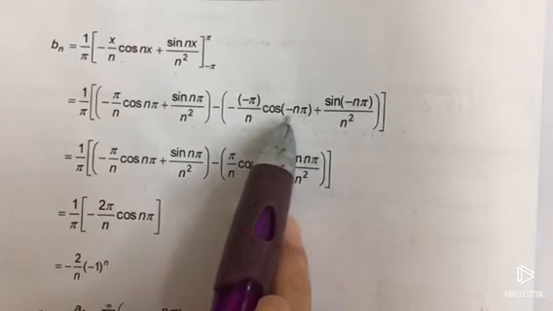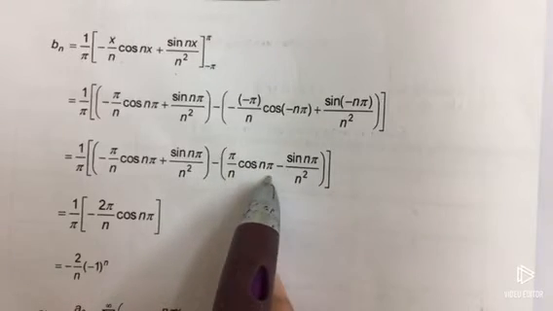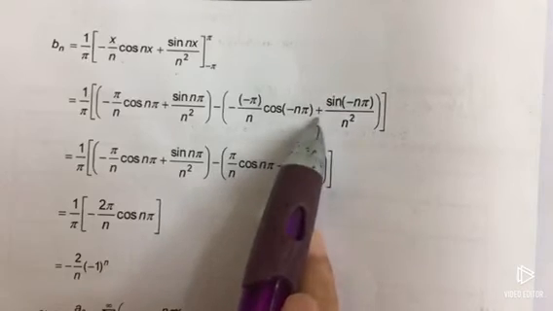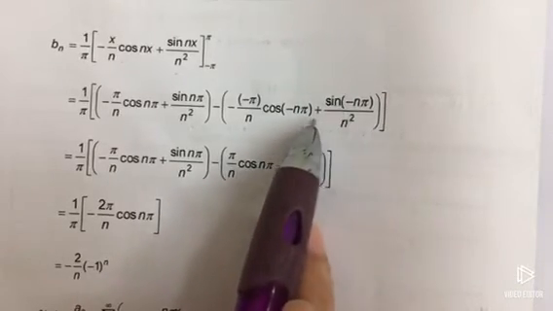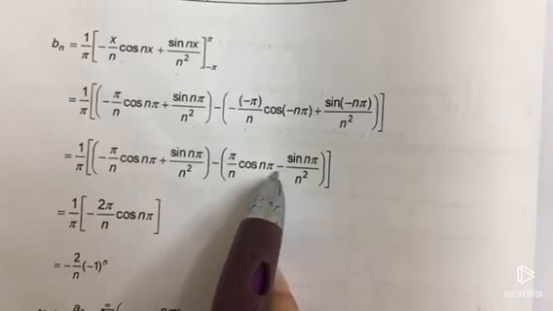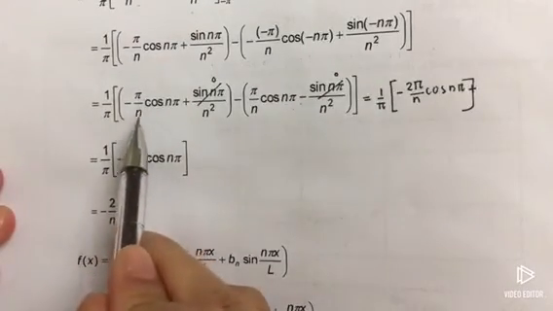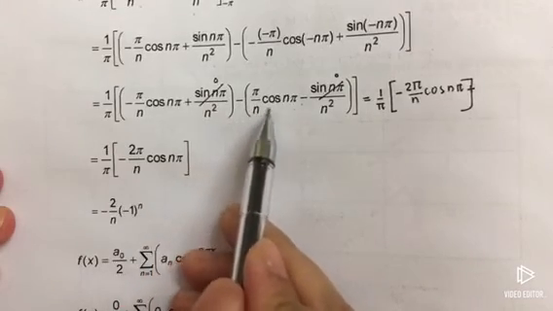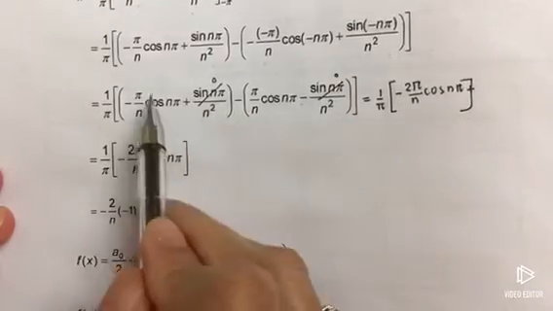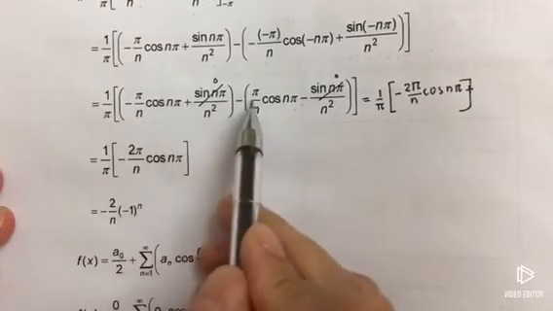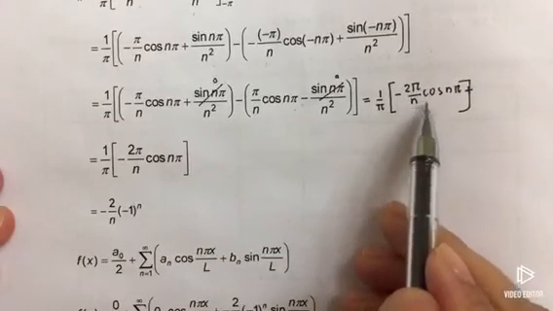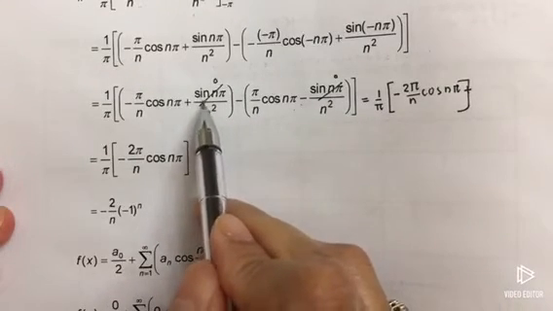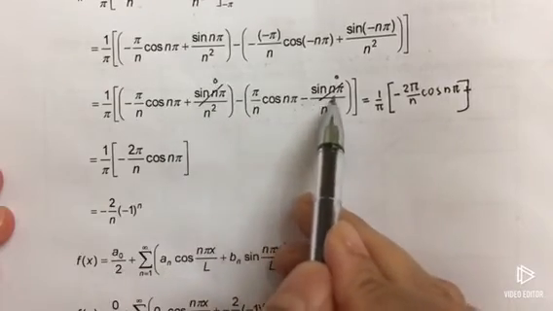Cos negative n pi equal to positive cos n pi, and sin negative n pi equal to negative sin n pi. Negative pi over n cos n pi minus pi over n cos n pi equal to negative 2 pi over n cos n pi. Sin n pi over n squared equal to 0 because sin n pi equal to 0.